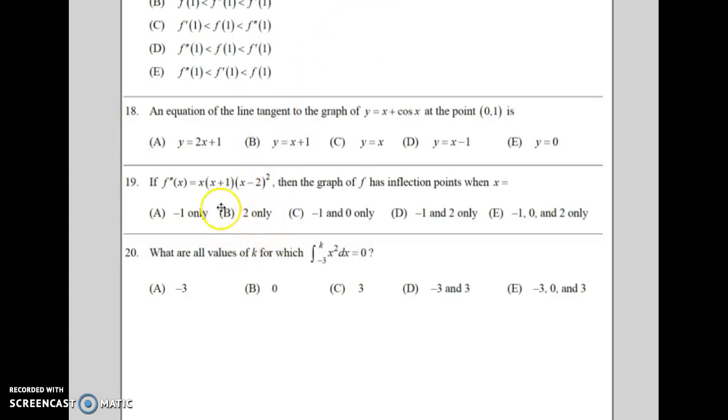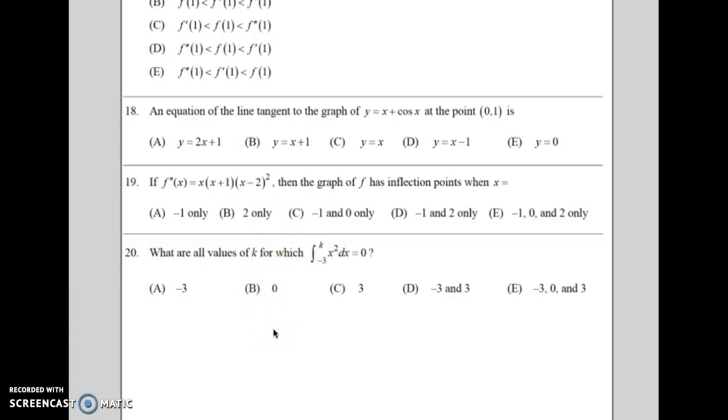So you should make a number line with the numbers -1, 0, and 2, and it will not change signs when x is equal to 2. So it's just C, -1 and 0 only. Okay. All right, question 20.